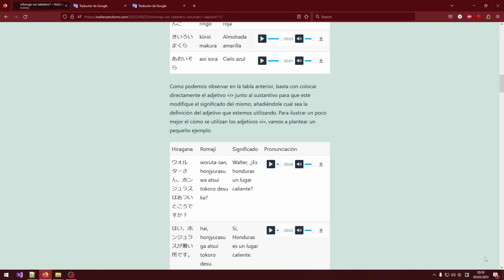Now I know that we said that we must use the ga particle to define nouns. You know, to use an adjective with a noun, like to define a noun with an adjective, we should use the particle ga, but it's not like 100%, okay? ホンジュラスは暑いところです。 Sometimes we will see it like this.